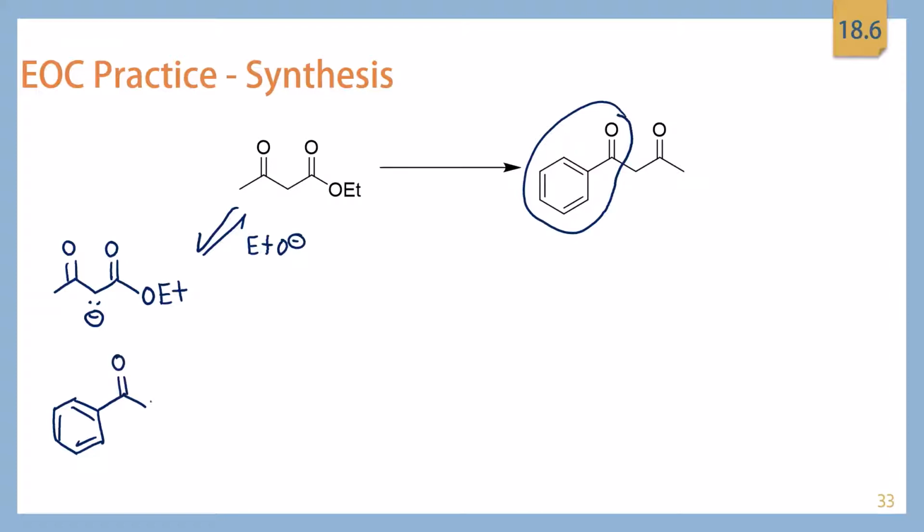And a leaving group. So I'm going to pick an acyl bromide. It could be an acid chloride. It could be whatever, as long as you have the halogen directly attached to the carbonyl carbon. So this one's actually going to work through a tetrahedral intermediate.